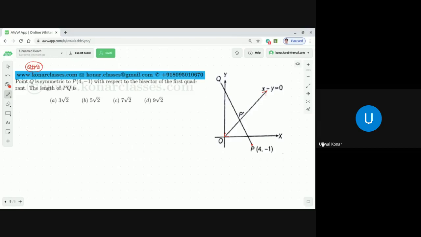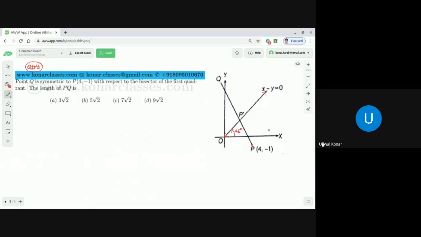There are multiple ways we can do it. But one way is that first we need to find the equation of the bisector of the first quadrant. The bisector of the first quadrant is nothing but a straight line passing through the origin that makes an angle of 45 degrees with the positive direction of the x-axis. So this angle is 45 degrees.